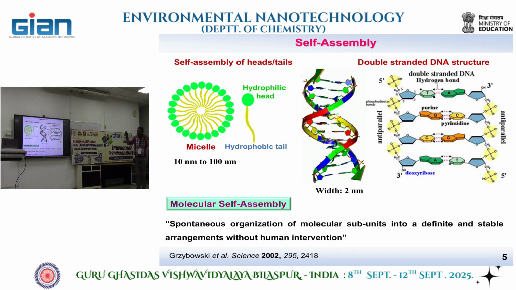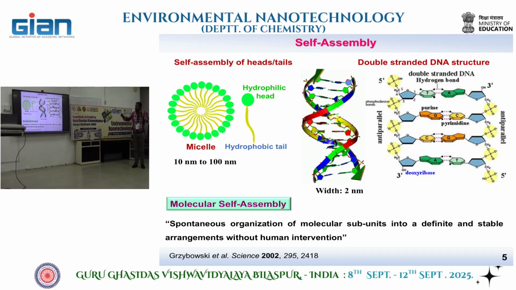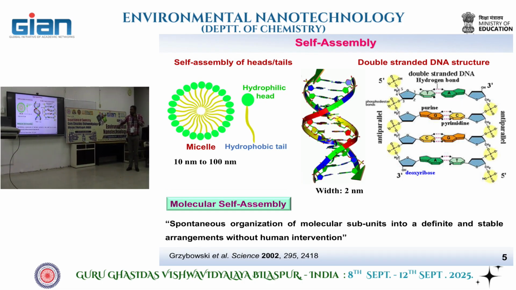So it organizes with the hydrophilic head outside and the hydrophobic part inside, giving a spherical structure. DNA is a double-strand structure formed by hydrogen bonding. Similarly, if we give small molecules and a driving force, they will reorganize to give a definite shape, and that is called the self-assembly process.